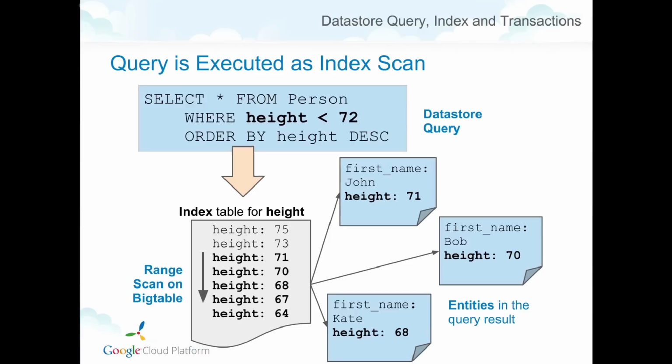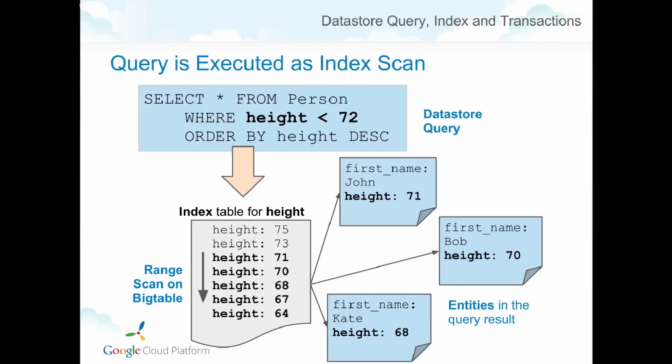So by having an index table on Bigtable like this, which has the property name and the property value in its key, you can implement a query like this on Bigtable without reading the actual values. Actually, we're using values from the columns in the key of the index itself, so that we can search on the values by doing the index scan.